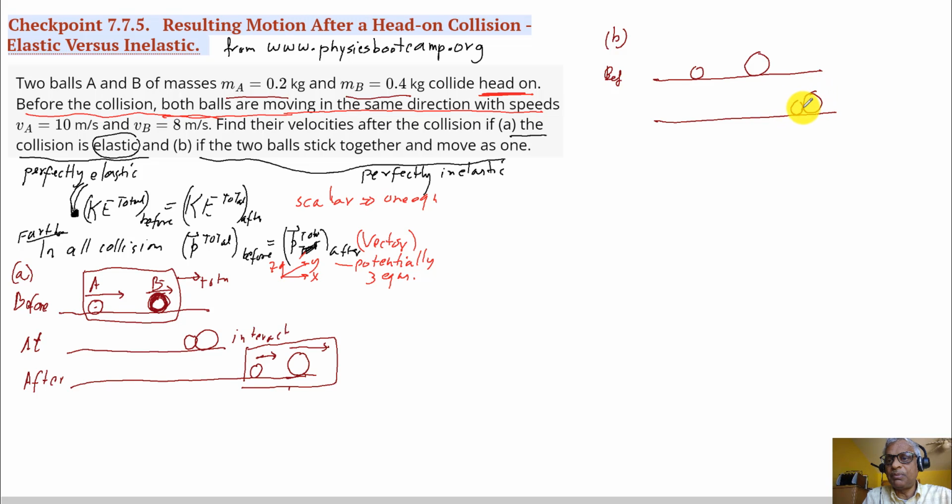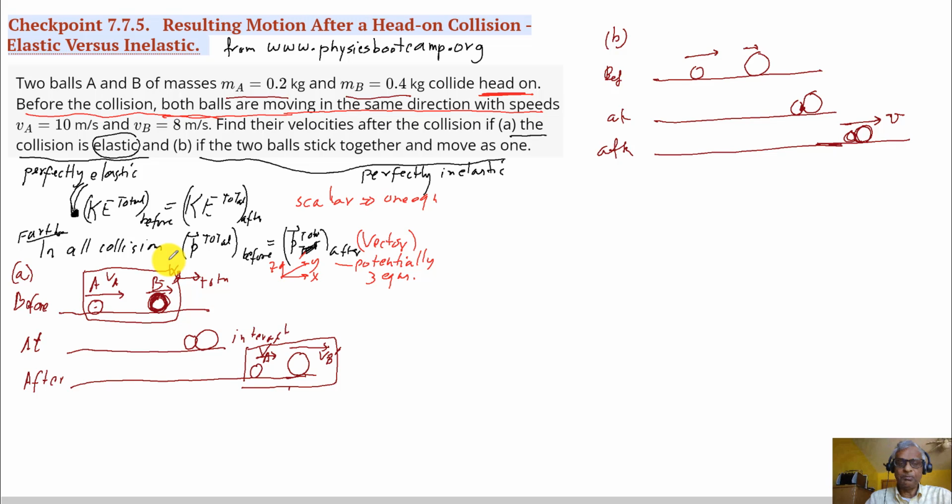It looks the same, but somehow they get stuck here at the collision. And after, they move together, meaning they have the same speed. In A they can have different speeds, so it's VA' and VB' afterwards, and this is VA and VB before.